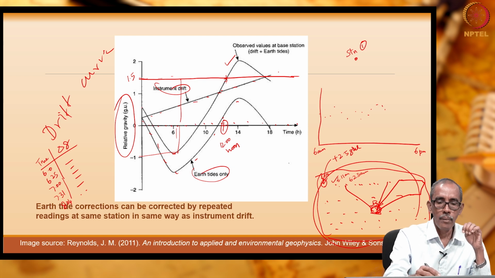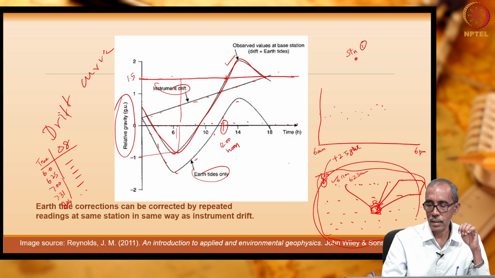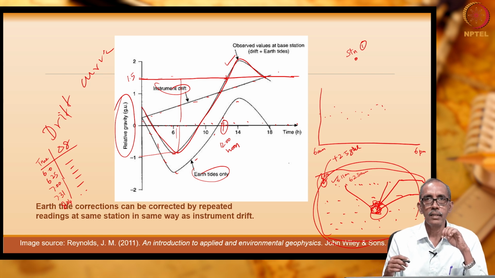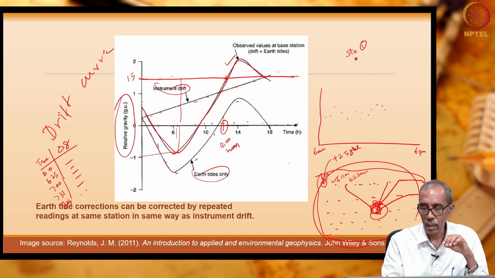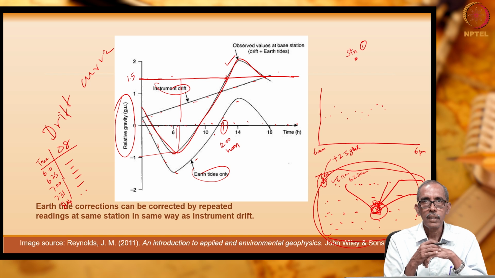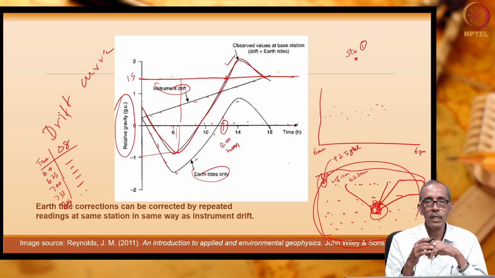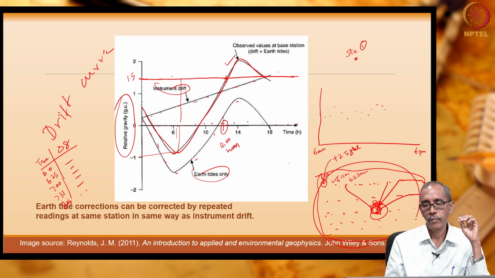Both were monitored by us by repeating the values at the base station. We have corrected the values recorded at all the other gravity stations in such a way that the readings are taken at the same time. Now we have completed carrying out the important gravity corrections.